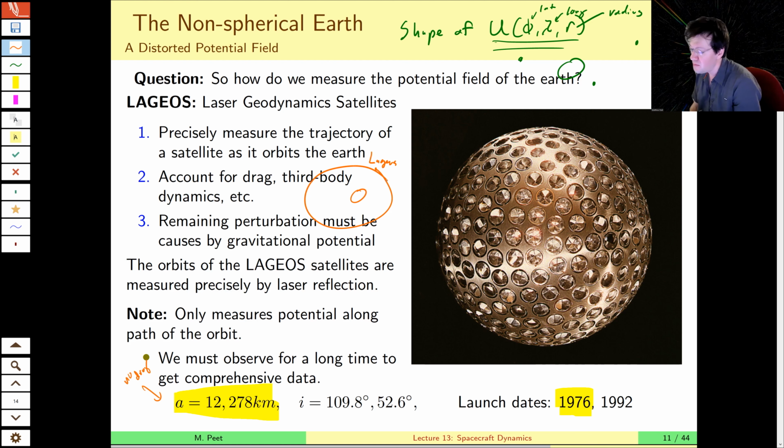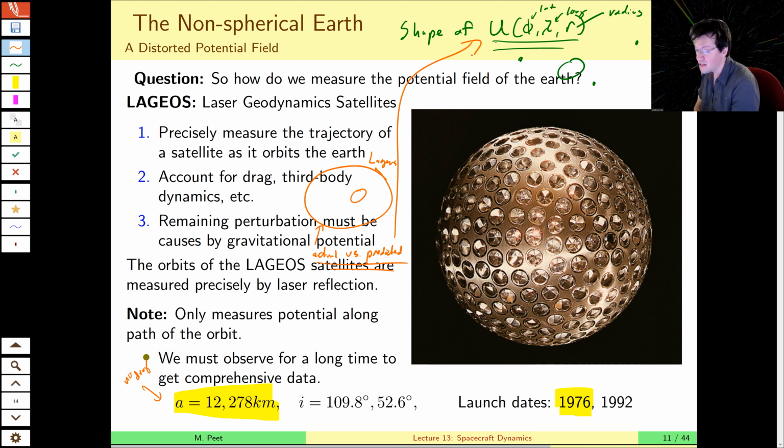And so we measure the actual motion of the satellite and compare it to predicted motion. The difference between those two we use to fit to a gravitational potential. So we map the effect of an arbitrary gravitational potential on the orbit, and then we observe the difference in actual versus predicted, and we use it to reverse engineer the gravitational field.